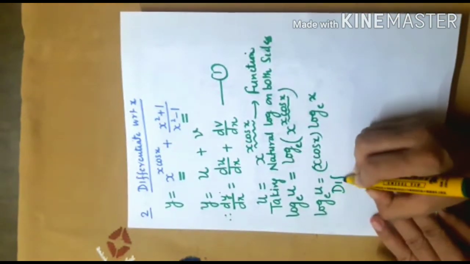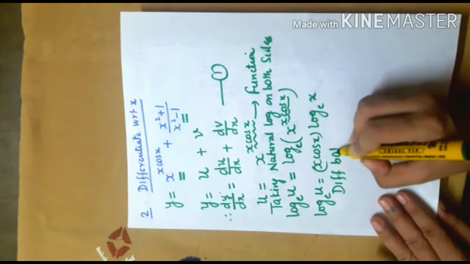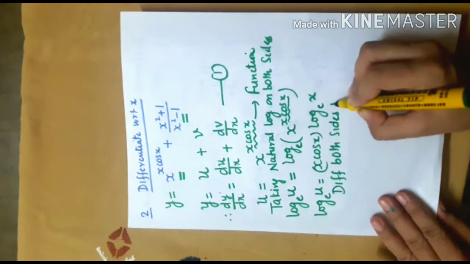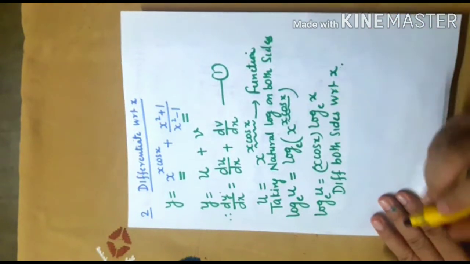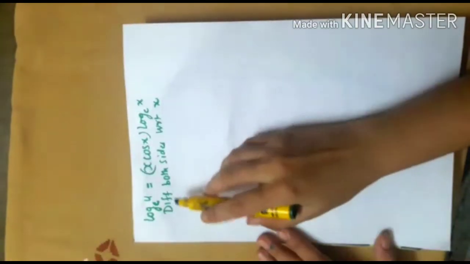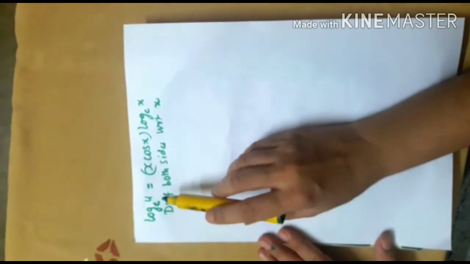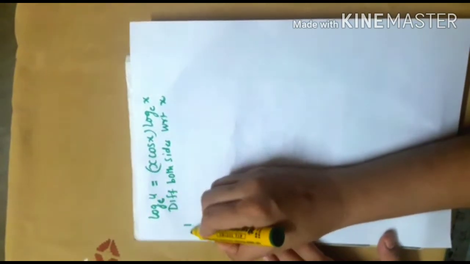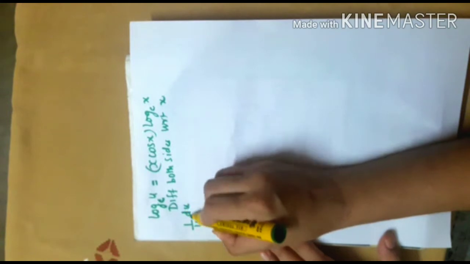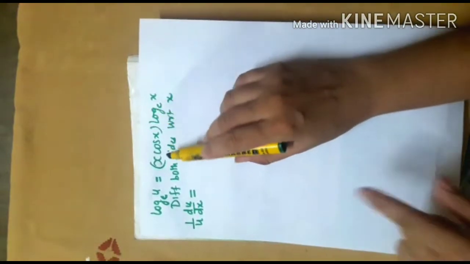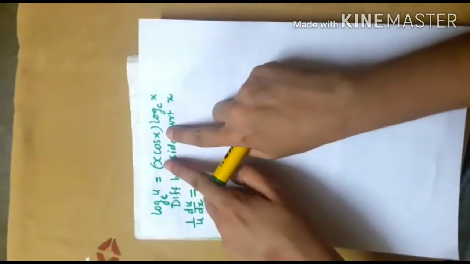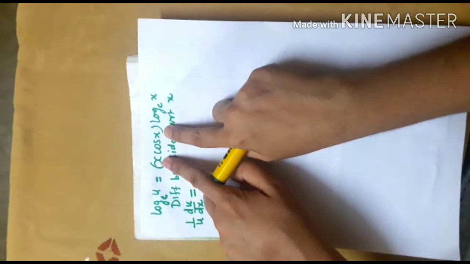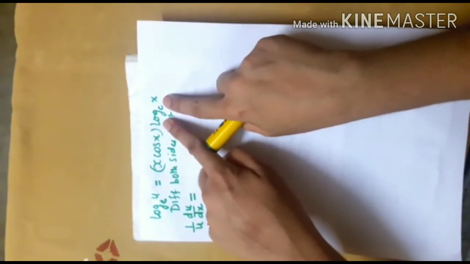Now I differentiate both sides with respect to x. So derivative of log u with respect to x will be 1 by u du by dx, right? This is equals to. Now here I'll regard this as one function and this as another function.